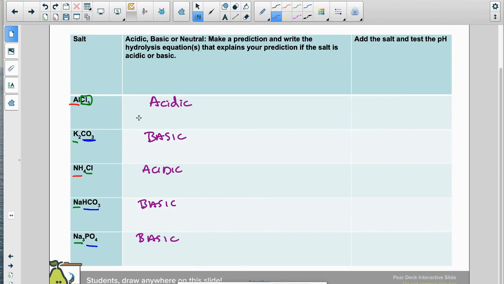For the reactions, Al3+ is going to react with 6 waters and form aluminum hydroxide plus 3 H3O+, 3 hydroniums.